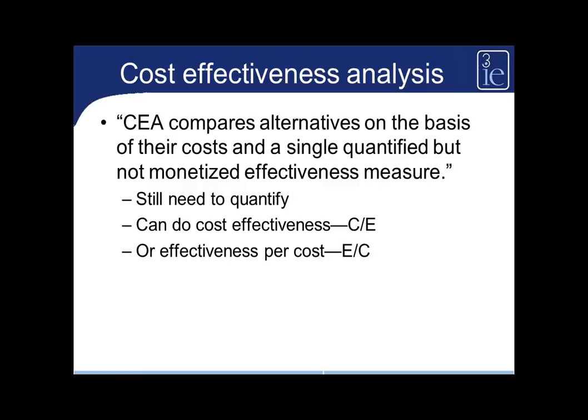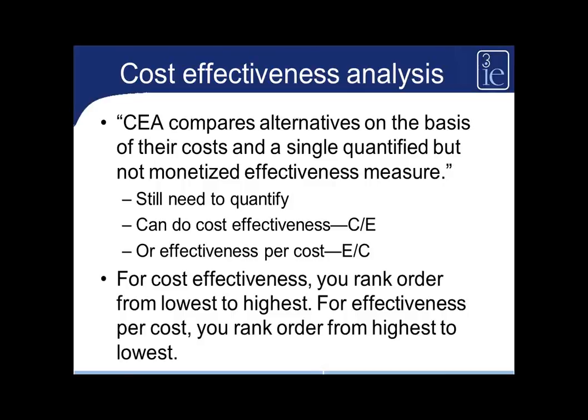How much of our outcome do we get for $1 or $100 or a given amount of money? And obviously which way you look at it will affect whether you want to rank order your options from lowest to highest or highest to lowest.